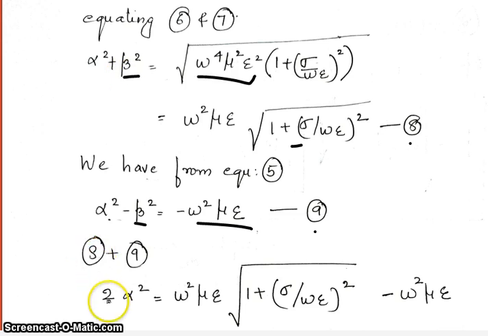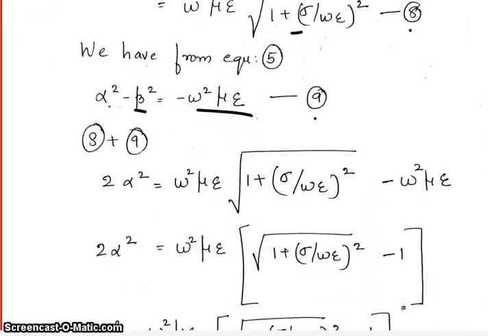Finally I will get 2 alpha square on the left hand side, and the right hand side will be omega square mu epsilon into the square root of 1 plus sigma by omega epsilon the whole square minus omega square mu epsilon. Taking omega square mu epsilon outside, I can write 2 alpha square is equal to omega square mu epsilon the whole bracket into the square root of 1 plus sigma by omega epsilon the whole square minus 1.